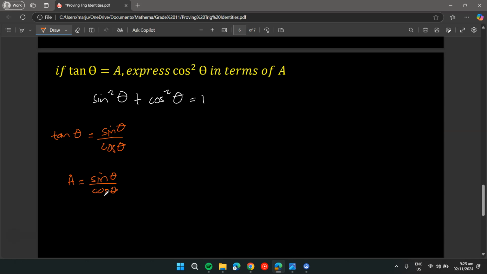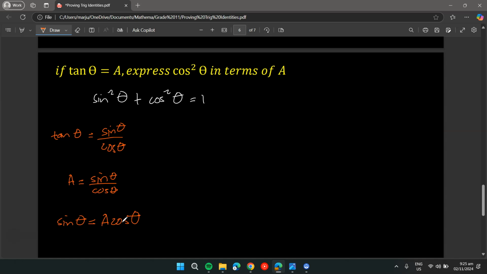Alright? And then if we express sine in terms of cosine, we just cross multiply. This should give us sine theta is equal to a cosine theta.